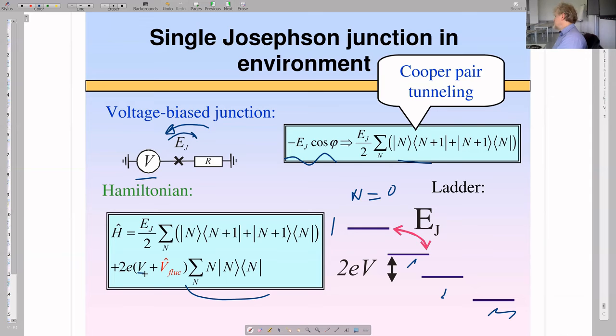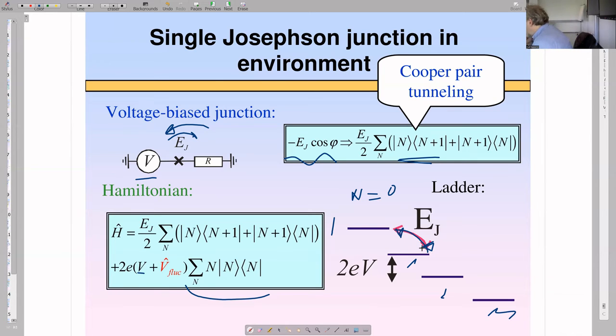I also have tunneling between different ends, tunneling between the steps of the ladder. This is Josephson tunneling of Cooper pairs. How would I include the resistor in this scheme?